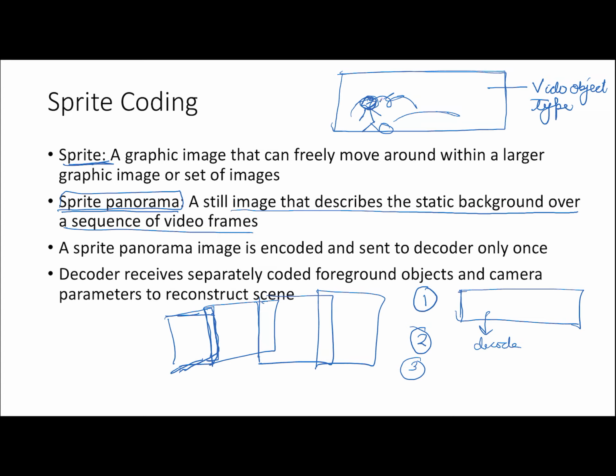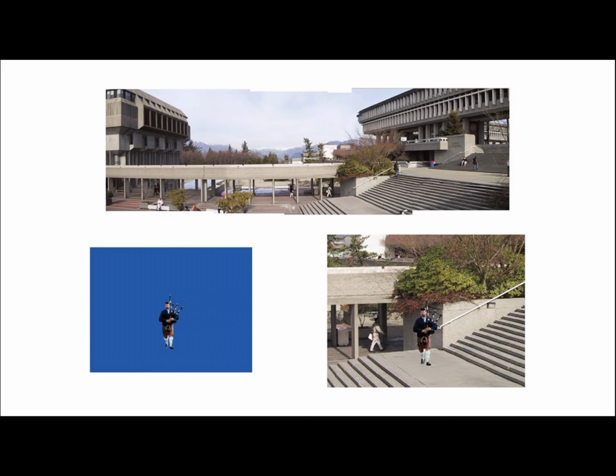Now later, the decoder receives the coded foreground object plus the parameters describing the camera movements thus far. So the camera movement can be like zoom, tilt, pan, like that. And with the help of this information, it can reconstruct the scene.